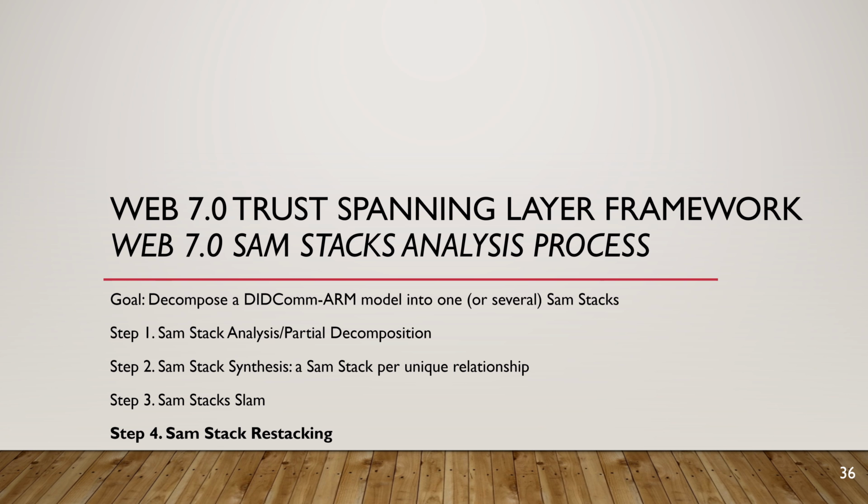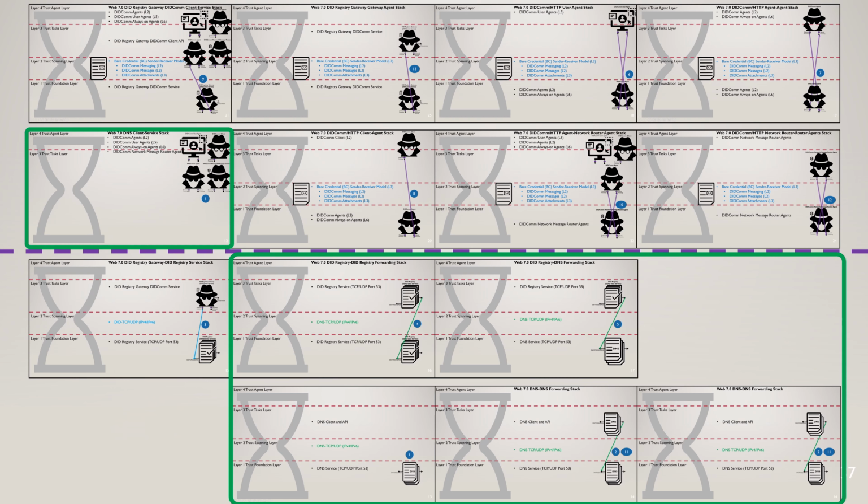Daniel Hardman observed that in this SAM stack SLAM, in the bottom, he wasn't content with all the different DNS servers and DID servers spanning the level 2 trust spanning layer.